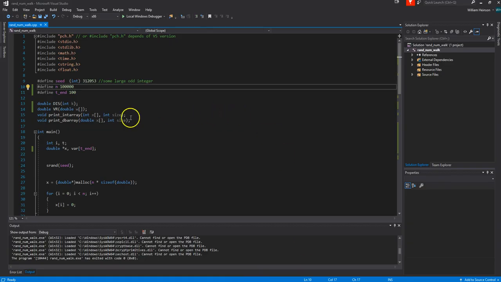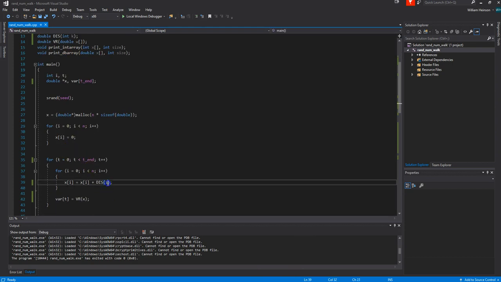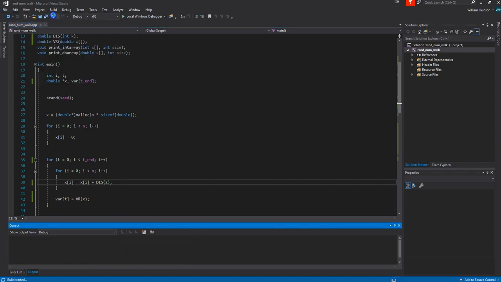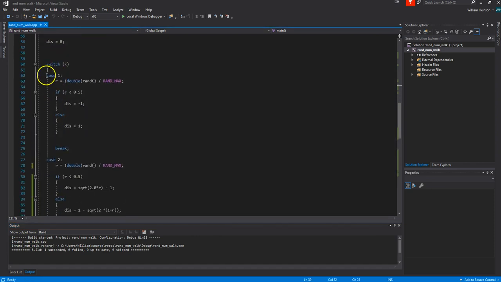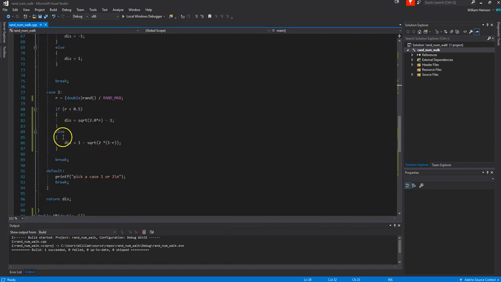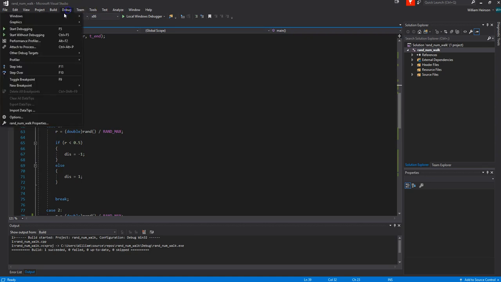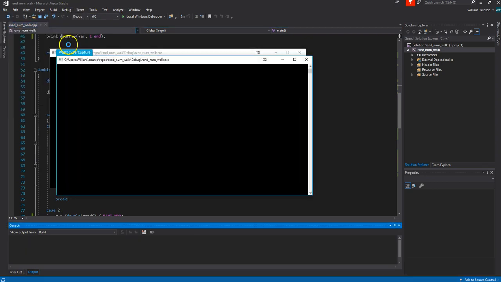Let's go back to our case, and we're going to set to case 2. So just to double check here, case 2 is this guy. Start debugging.